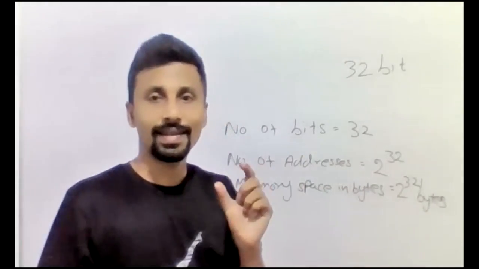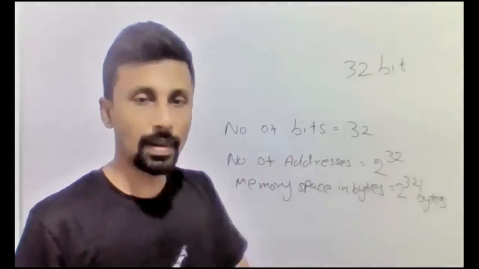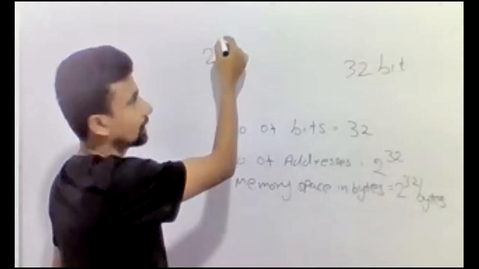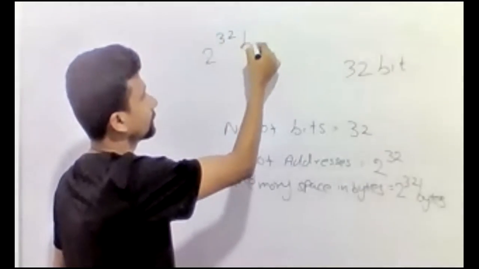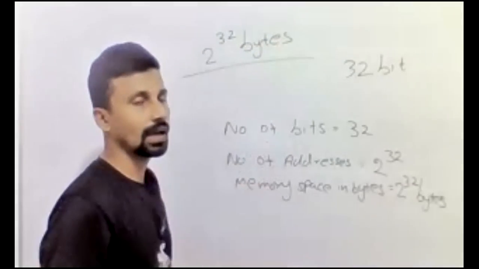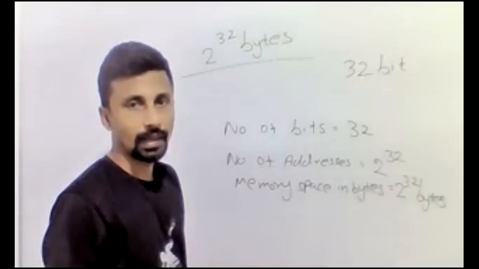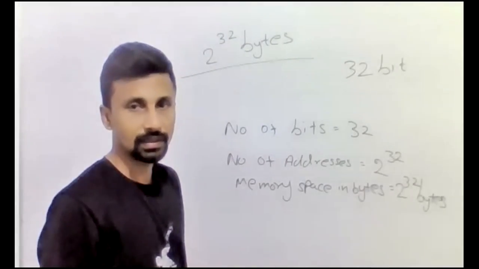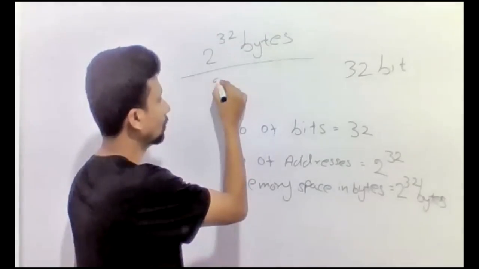But in that question they are asking in gigabytes. So I'll take 2 to the power 32 bytes. How to convert it to gigabytes? We have to divide. To convert bytes to kilobytes we divide by 1024, which means 2 to the power 10.